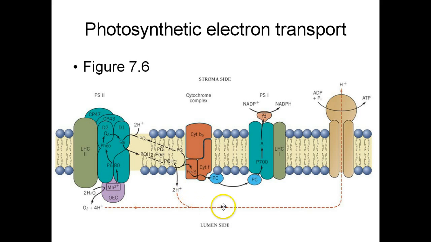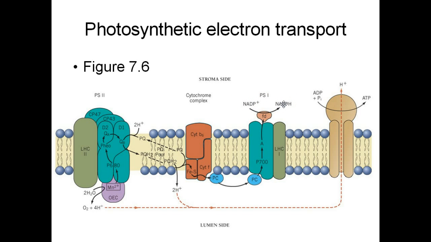And then these protons are going to move back through the ATPase, and remember, this thing actually spins around. Roughly what we think now is that every time 3 protons move through, we get an ATP produced. And then the electrons are used to reduce NADP to NADPH.